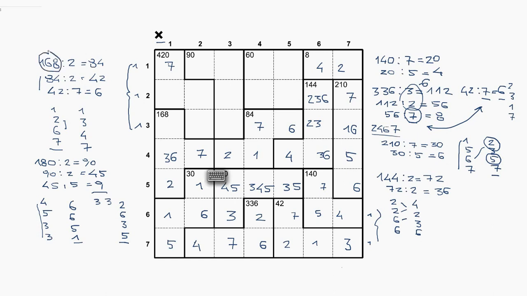Let's see what we can do here. Here can be a number 4, 6, 7, and for example number 1. This is a not possible combination because there is a number 1 here already.